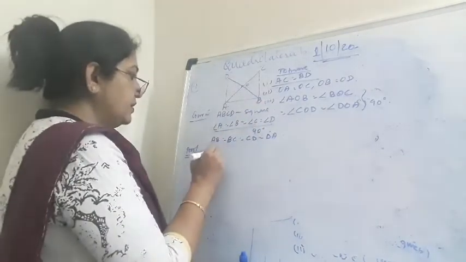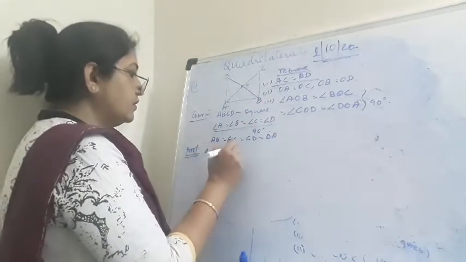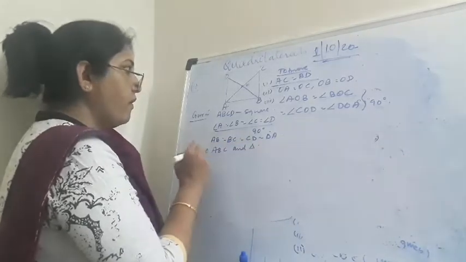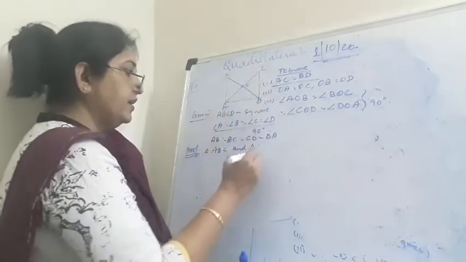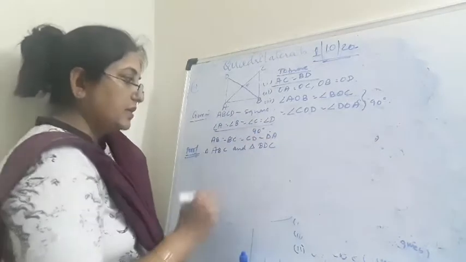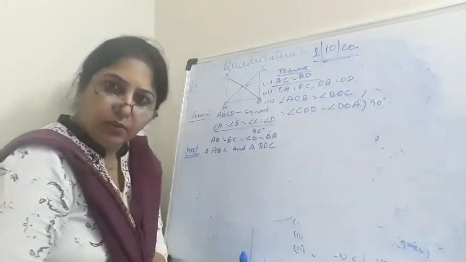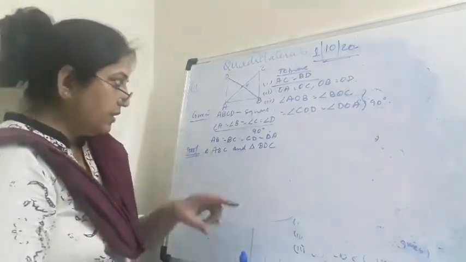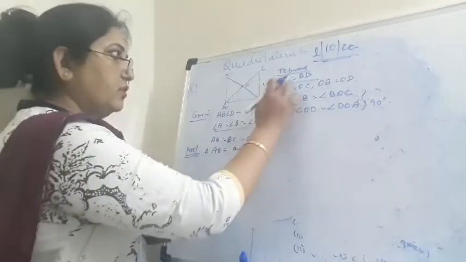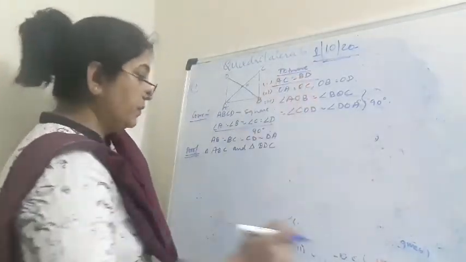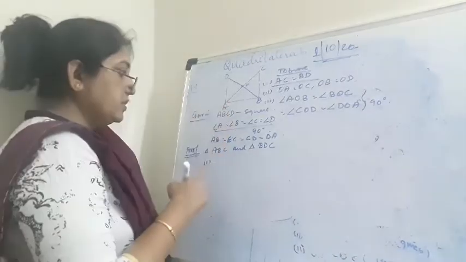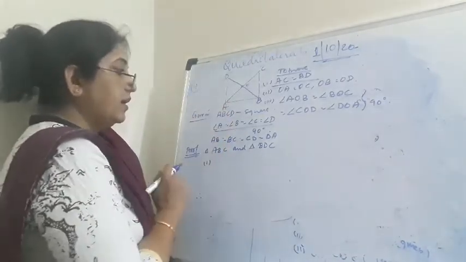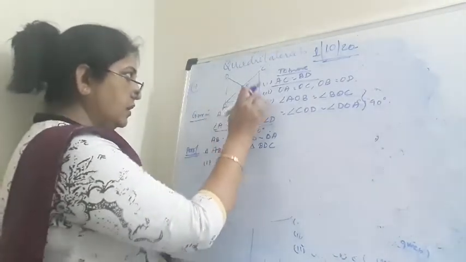Let us take triangle ABC and this one, triangle BDC. Yes, if we prove that the two triangles are congruent, we can then prove that AC is equal to BD by CPCT. So I hope the first point I have explained is clear. Let us start with AB is equal to BC.